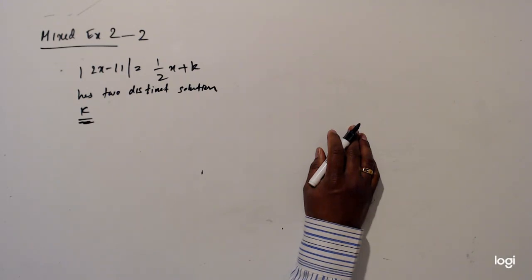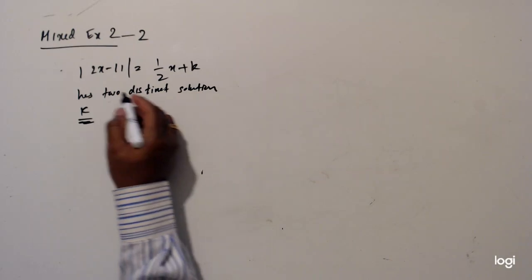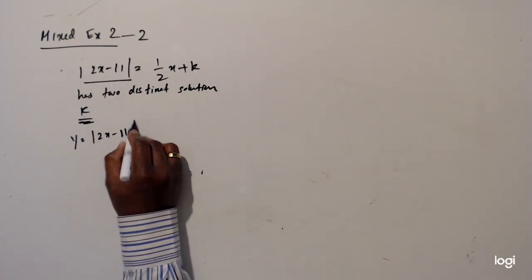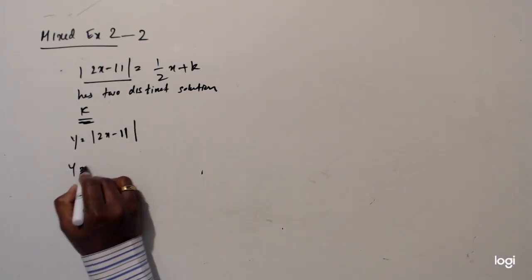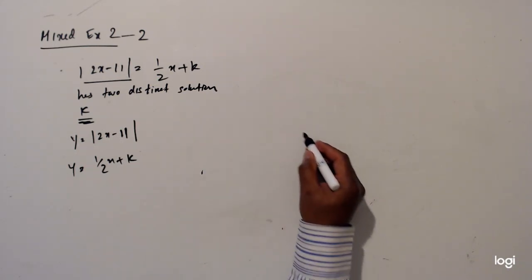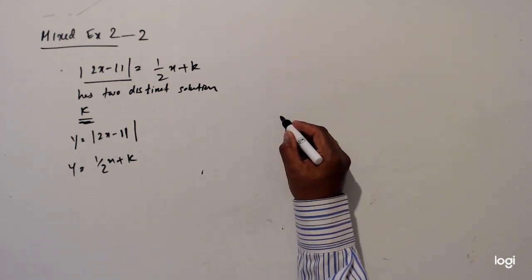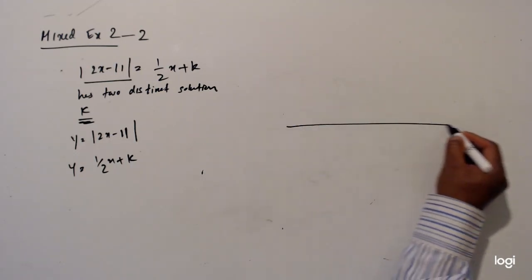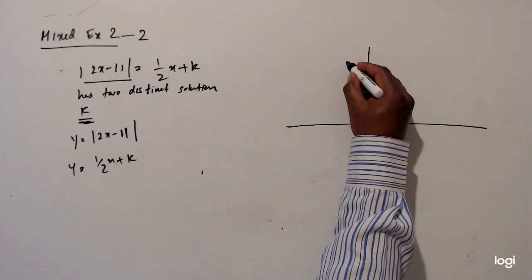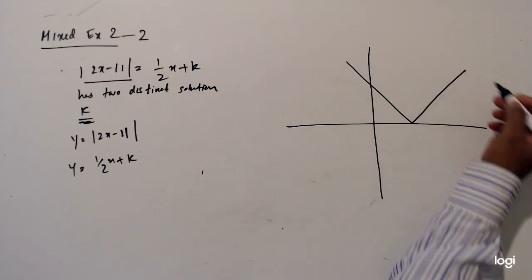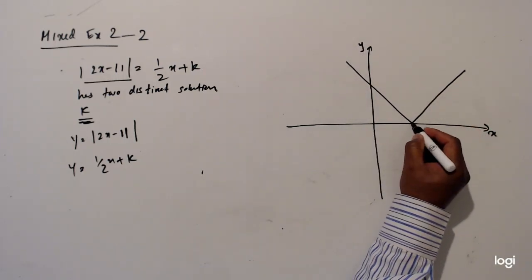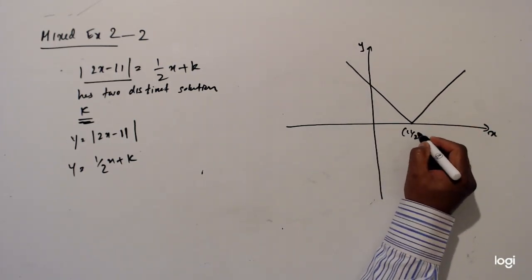We can do this. Let's draw this graph first. y equals mod 2x minus 11. This is 11 by 2, 0.